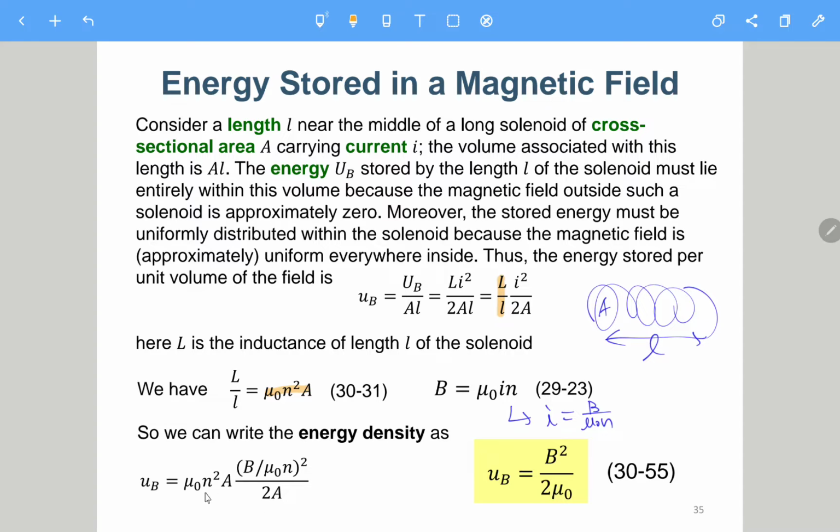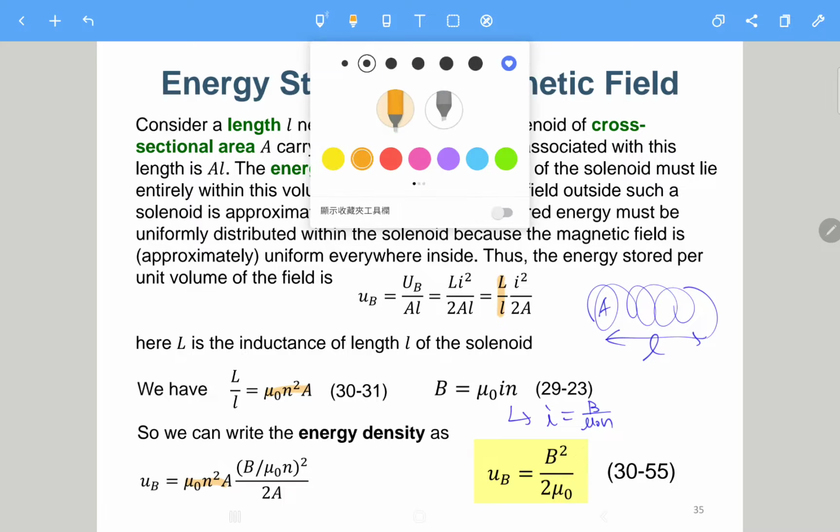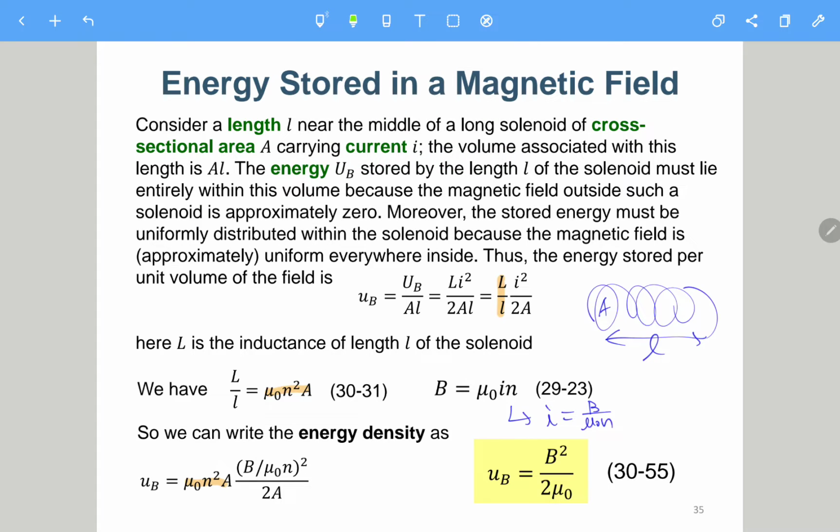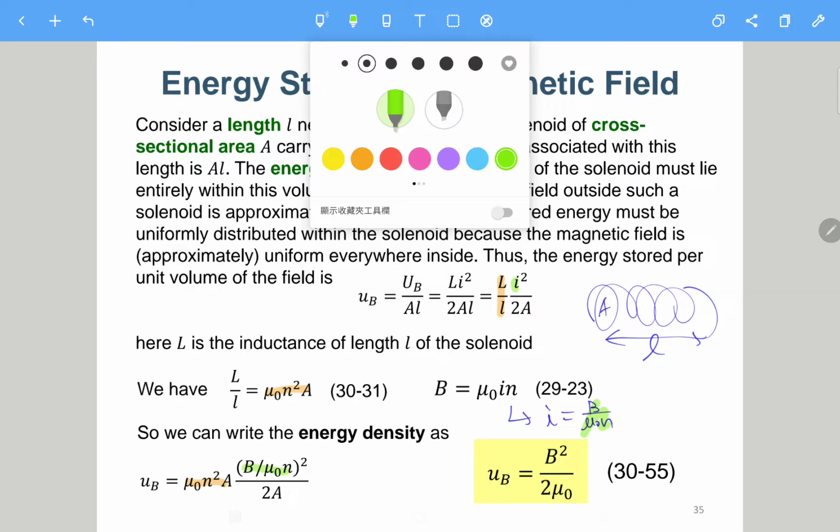And for this one, we can replace the I here, so that we have B over mu naught n here, with 2A like this. Then we can do some cancellation.